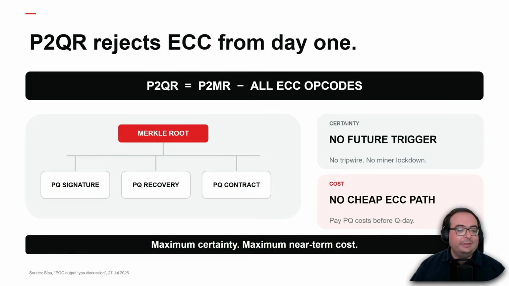You have maximum certainty that the attack from CRQCs cannot be applied to this output. But this is the worst in terms of migration incentives, because if you migrate to this output, then to spend these coins, you have to go through a more expensive method. There is no cheap option here. They're all based on post-quantum crypto. So that's the maximum cost, and this affects, again, the migration incentives and your model on how many coins will migrate to a post-quantum transaction output.